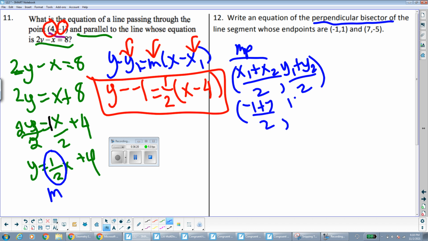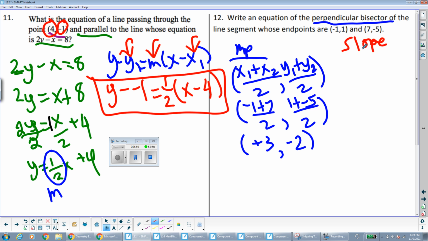Our y coordinates are 1 and -5. -1 plus 7 is 6, divided by 2 is 3. 1 plus -5 is -4, divided by 2 is -2. Make sure we have our signs correct after our adding and our subtracting. So we have our midpoint, which is the point that we're going to be using.